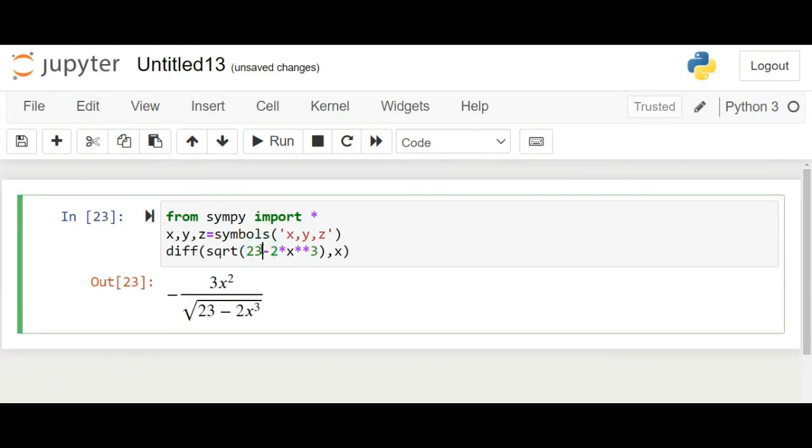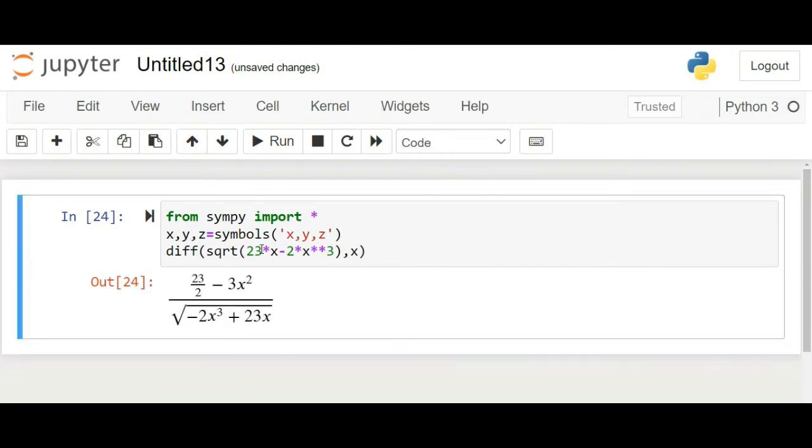And also we can write 23 multiplied by x, meaning 23x minus 2x cube, so its derivative will be like this. So by changing the variables, you can find different derivatives. And these are the single derivatives.